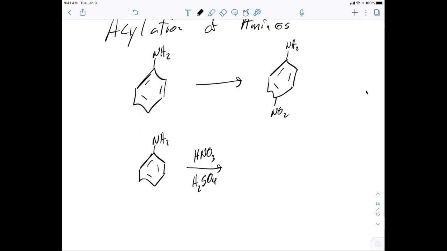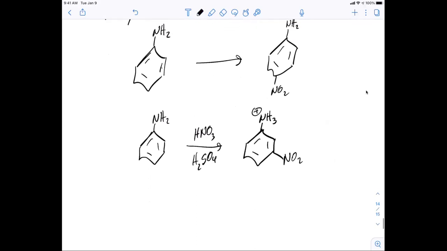So nitric acid and sulfuric acid, I would end up with a meta derivative because the first thing that happens is that I protonate my amine. So I protonate the aniline, that makes it a meta director, and I get the nitro in the meta. So we know this won't work.